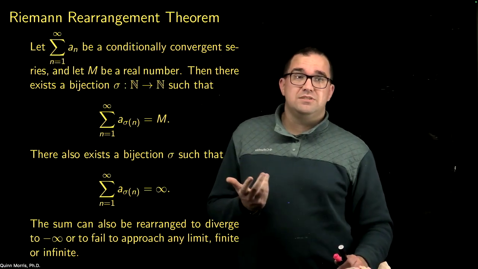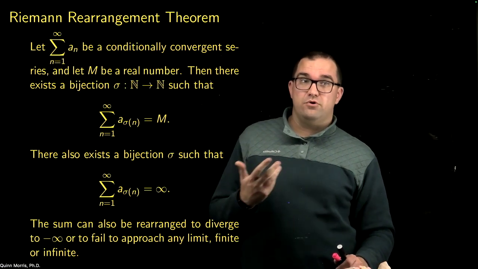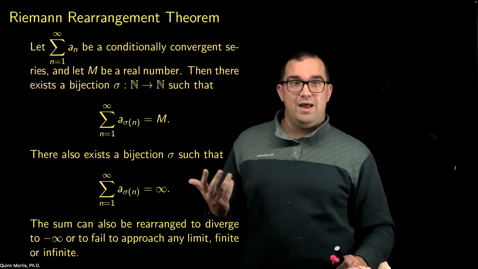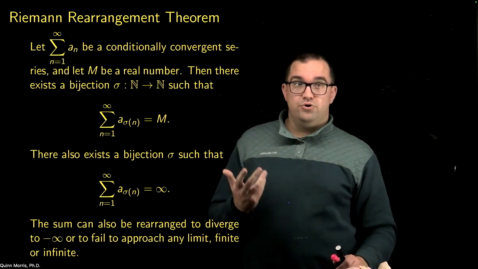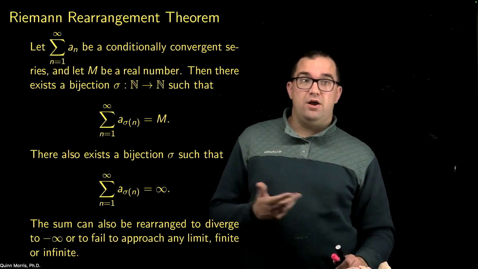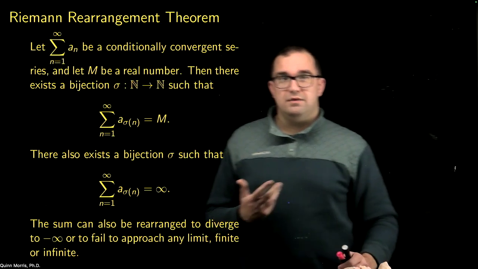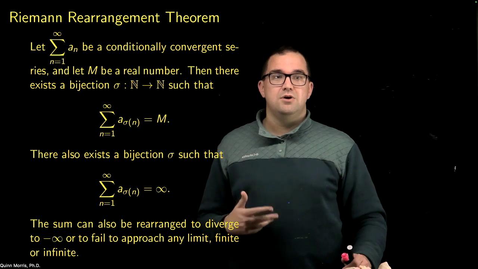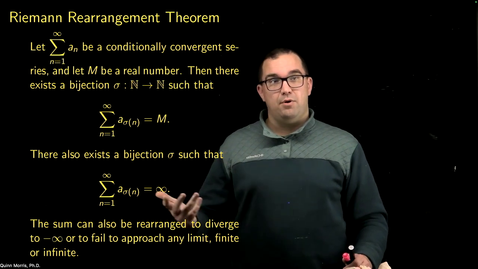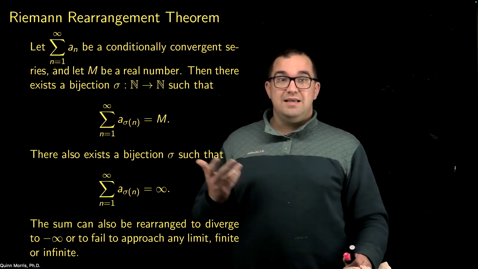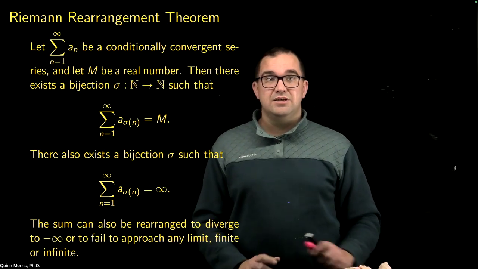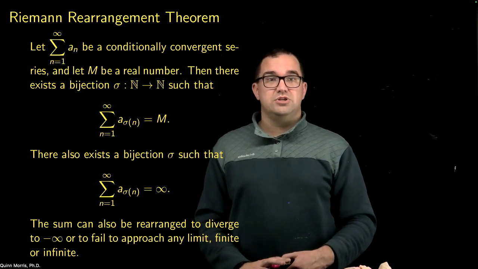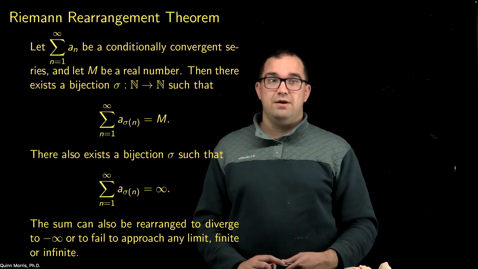Well, that would require us to define convergence of a series in a different way. We could do that. That would have trade-offs, right? But the way that mathematicians have decided to define series convergence, which is convergence of the sequence of partial sums of the series, necessarily means that these conditionally convergent series are still convergent, even though they can be very badly behaved.